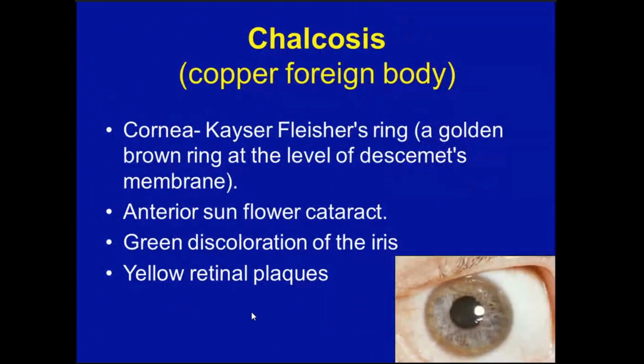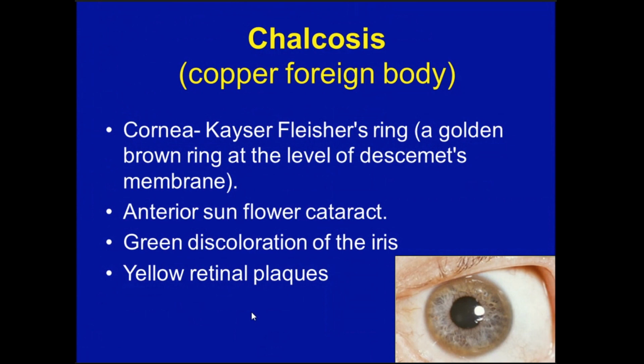Let's say some words about metallosis. Chalcosis appears when a copper foreign body is in the eye. We see in the cornea a Kayser-Fleischer ring, a golden round ring at the level of Descemet's membrane.